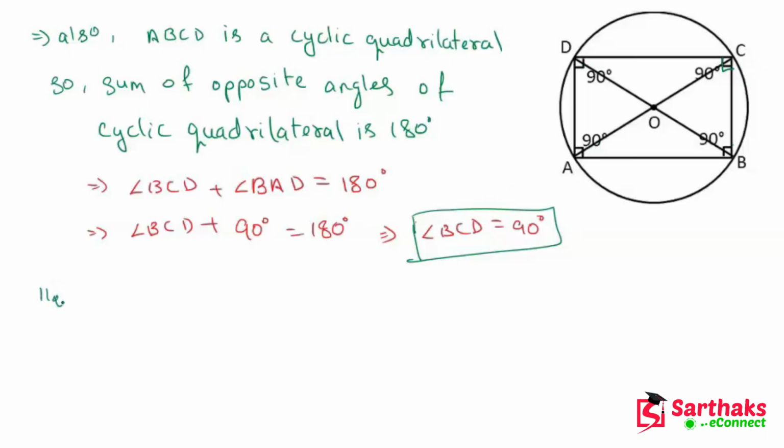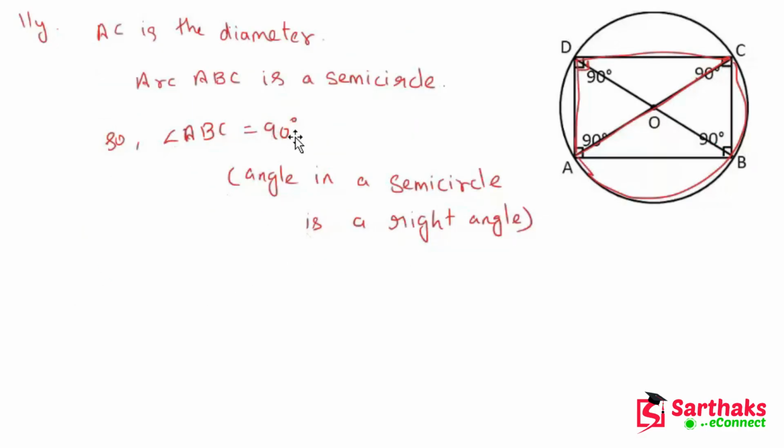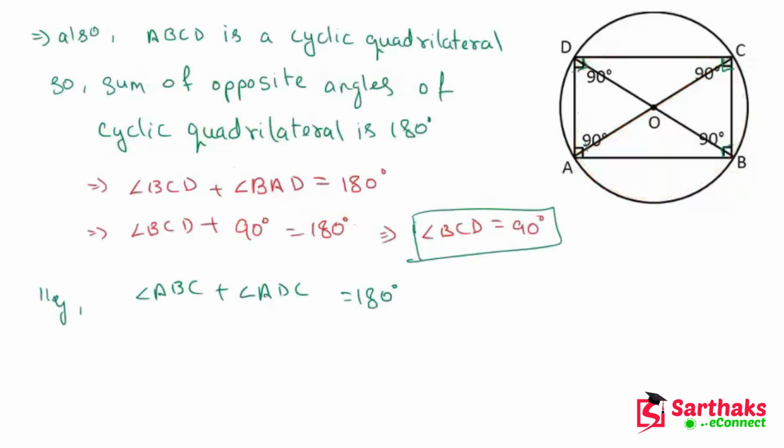Similarly, we have angle ABC plus angle ADC, this angle and this angle, equal to 180 degrees. We know that angle ABC is 90 degrees, so 90 plus angle ADC is equal to 180 degrees.